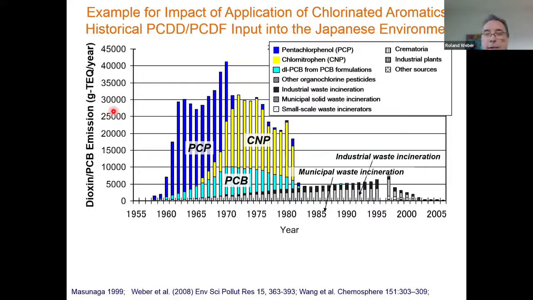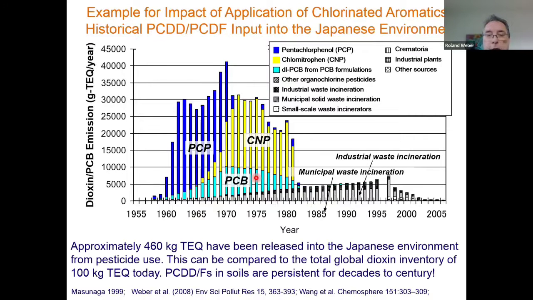The sources were pentachlorophenol used in rice fields, chloronitrofen also used in rice fields, and also partly the PCBs have dioxin toxicity. So this total release from pesticides of 460 kilograms TEQ in history to the rice soil in Japan, you can compare with the 100 kilograms TEQ of total release of dioxins of today.